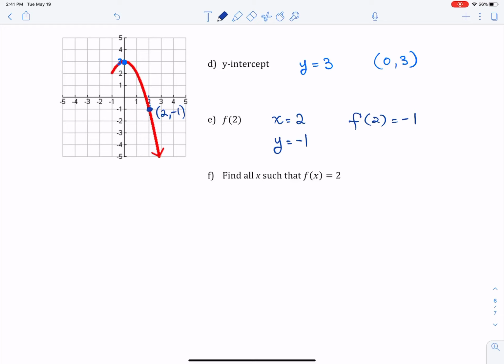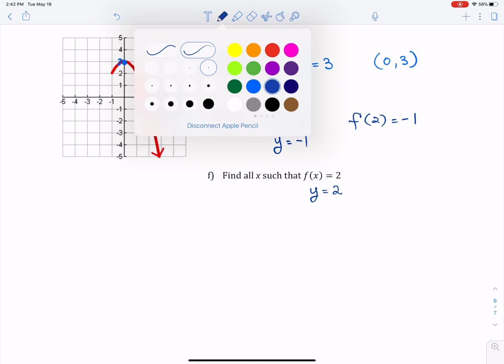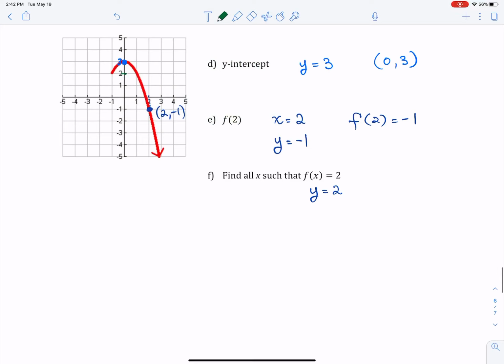Find all x's such that f of x is equal to 2. F of x is equal to 2 means the y value is equal to 2. Let's locate y value equals 2. Let me select a different color. Y value to be 2. Well, there is one point if I go to the right and another point if I go to the left. That point has coordinates of (1, 2) and this point has coordinates of (-1, 2).